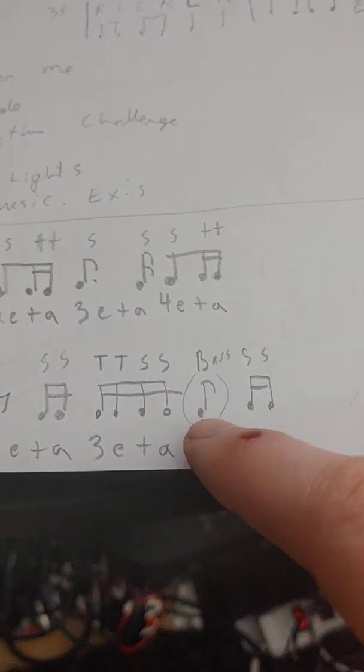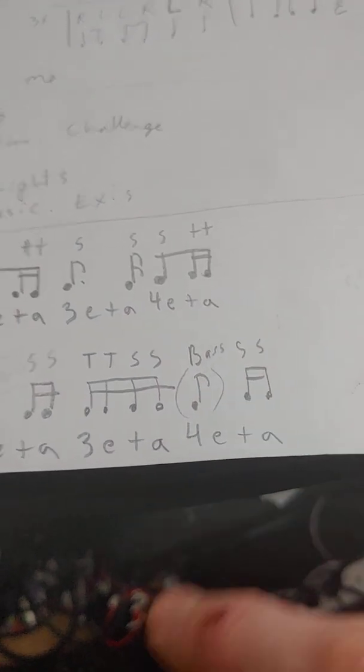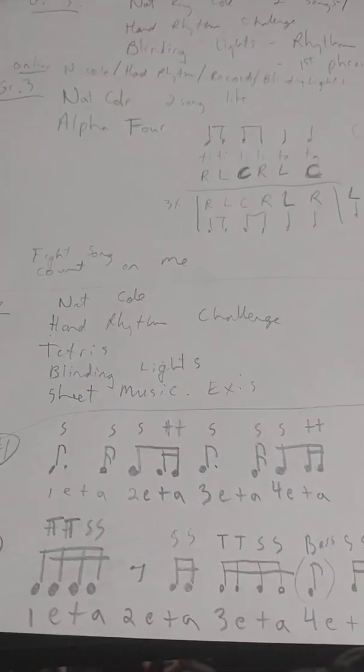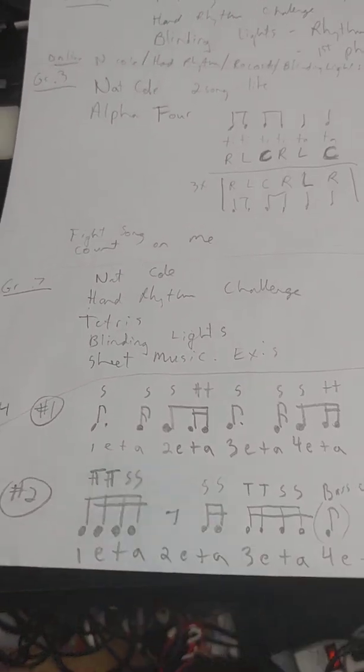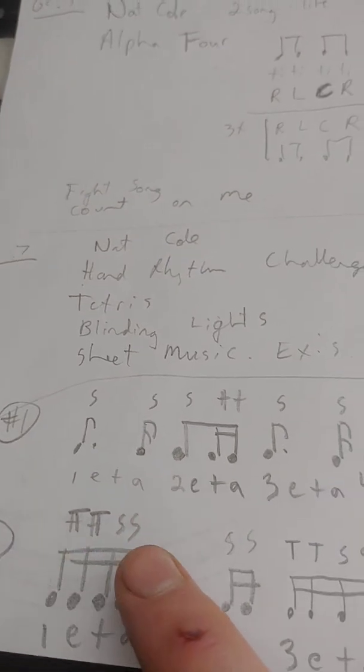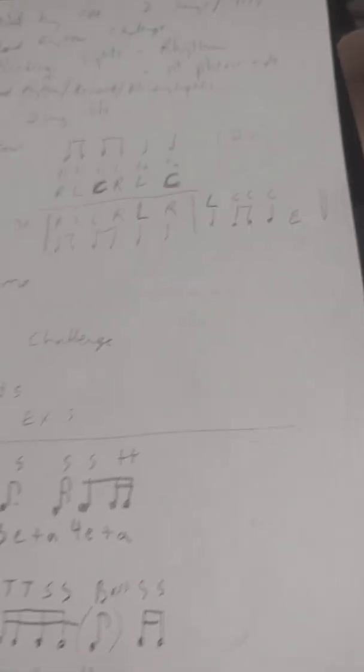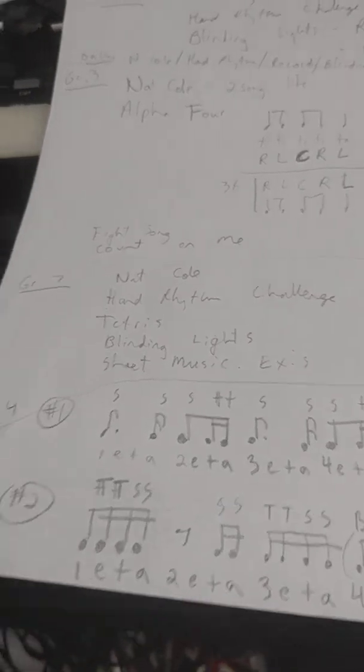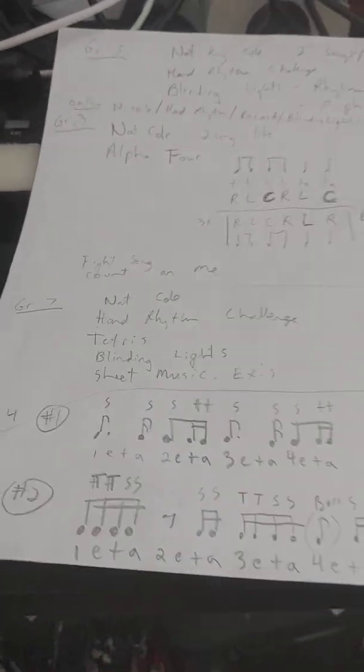And then one note is supposed to be a bass, hitting the drum right in the center to get the low bass of the drum. So we're going to make the kick drum our tone, and our snare will be the S, which is slap.